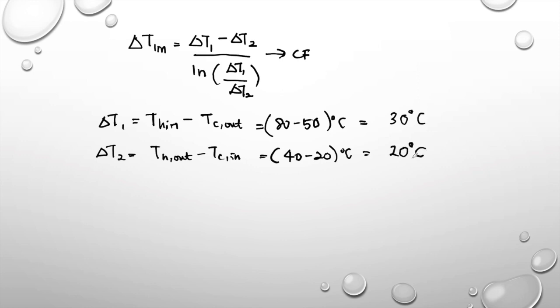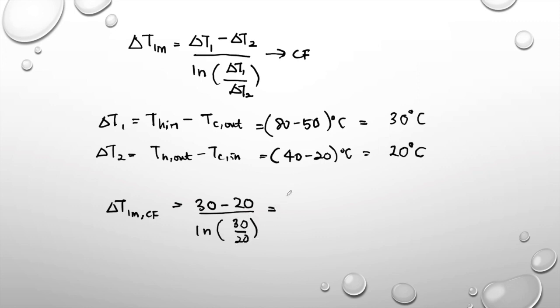To find delta T log mean, since this is for the counter flow, I will put CF here. Counter flow equals 30 minus 20 divided by ln of 30 over 20.